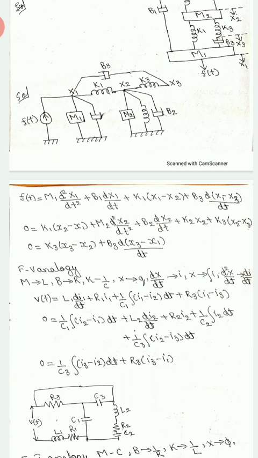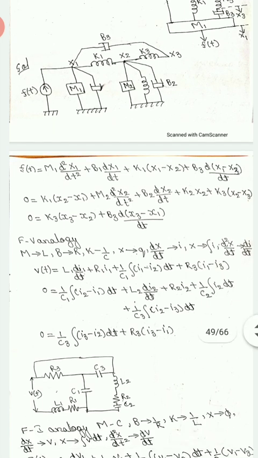For the first equation, V of t is equal to L1 di1/dt plus R1 I1 plus 1/C1 integration of (I1 minus I2) dt plus R3 (I1 minus I3).